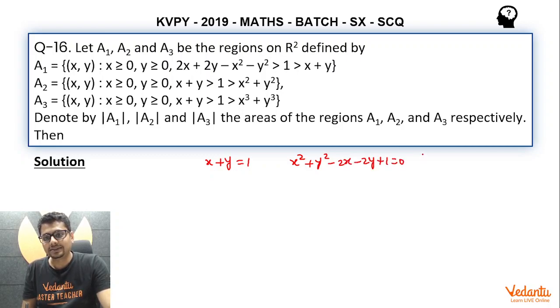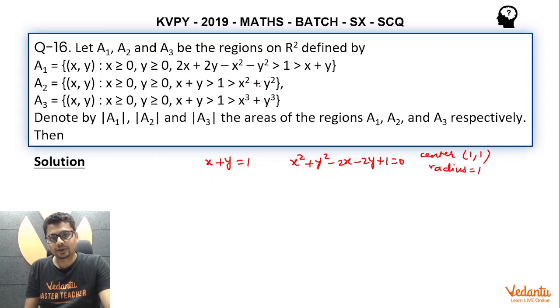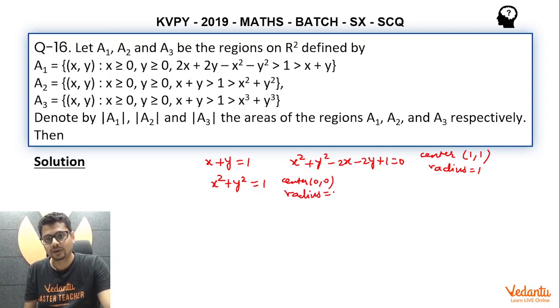Basically this is a circle with center (1, 1) and radius 1. Next, x square plus y square equal to 1. It is a circle with center at the origin (0, 0) and radius equal to 1.